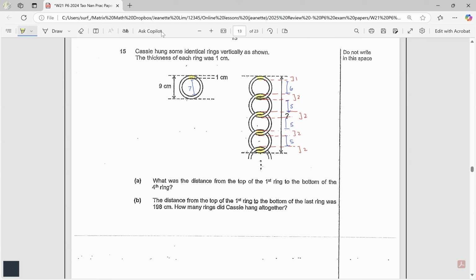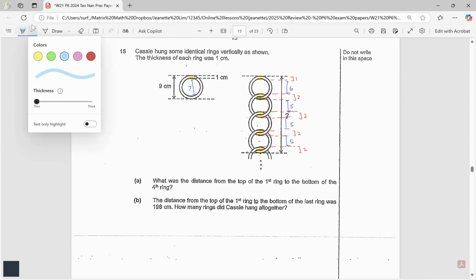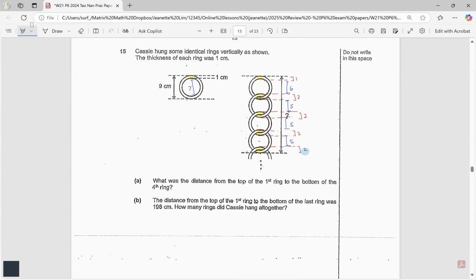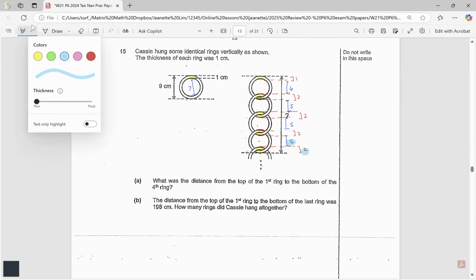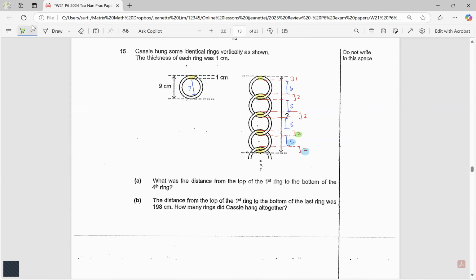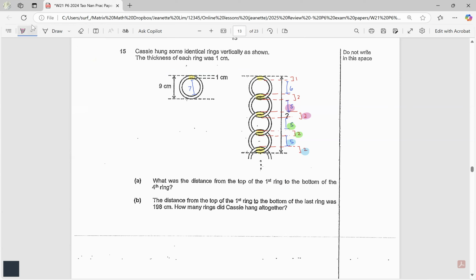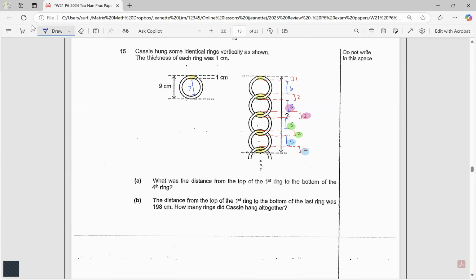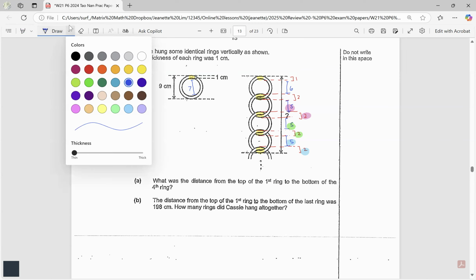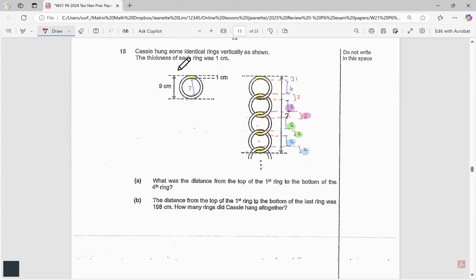So if I were to group them together, we have this 2 and 5 together, and this 2 and this 5 together, 2 and 5 together. And then your very first interval, it's not 2 and 5, but 2, 6, and 1, or 2 and 7.